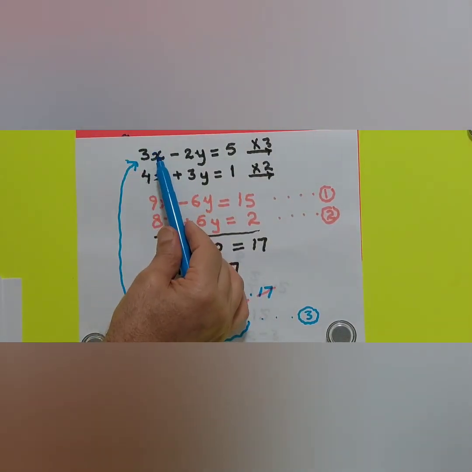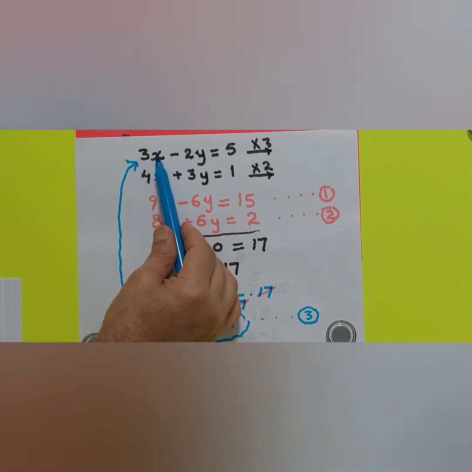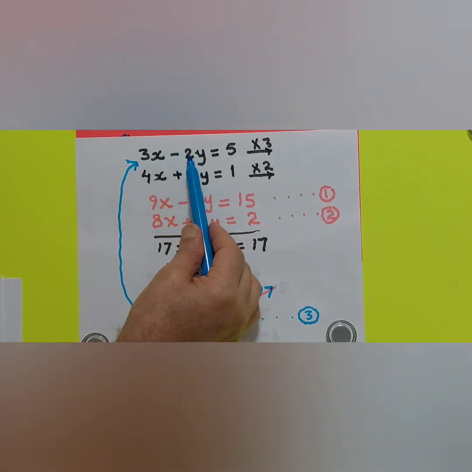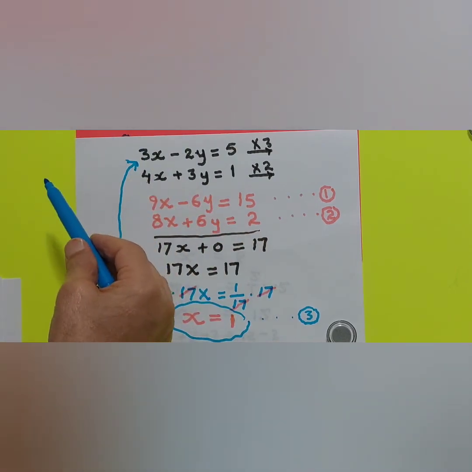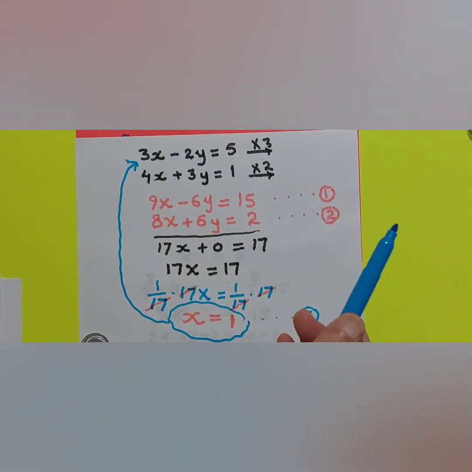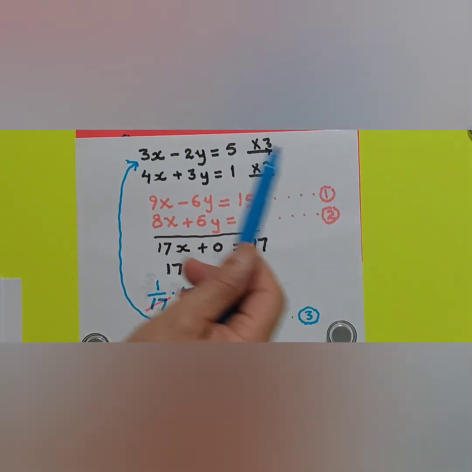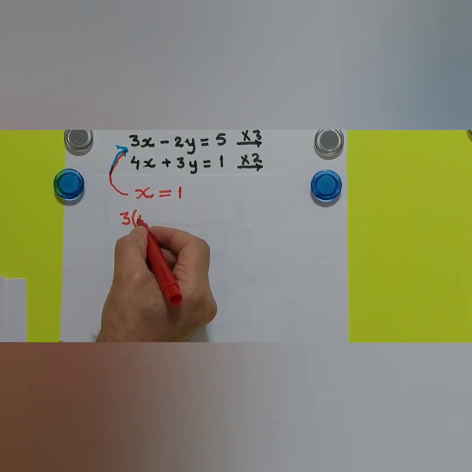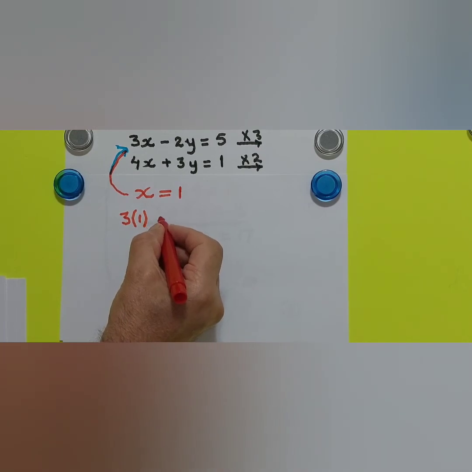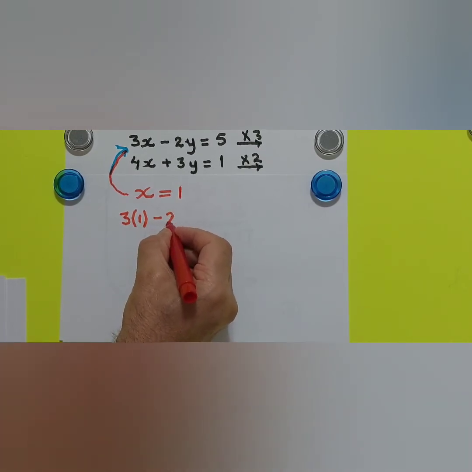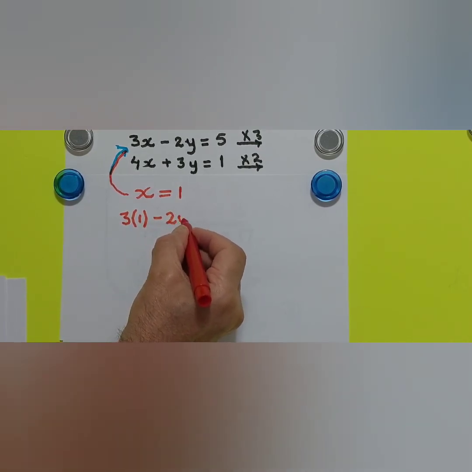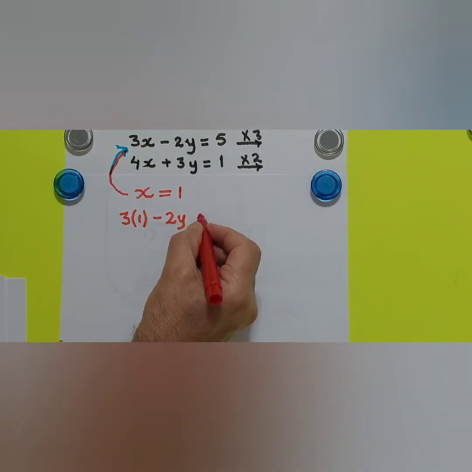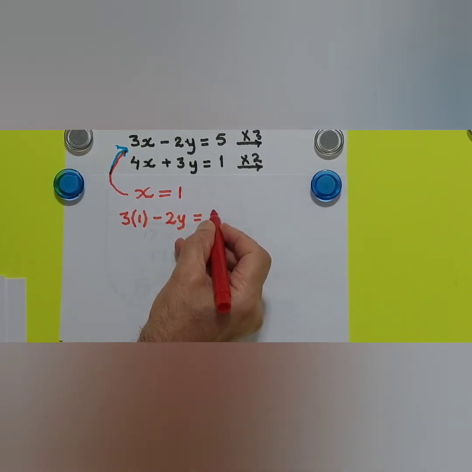Here, when we put 1, so 3 times 1, that means 3, minus 2y is equal to 5. So we got only one variable, and we can find it. By this way, we can get the value of y.